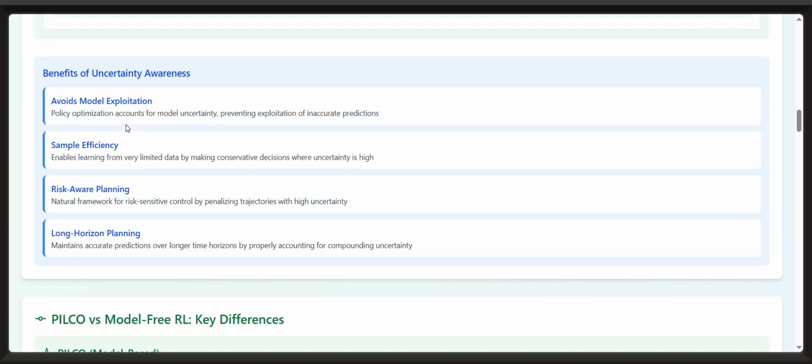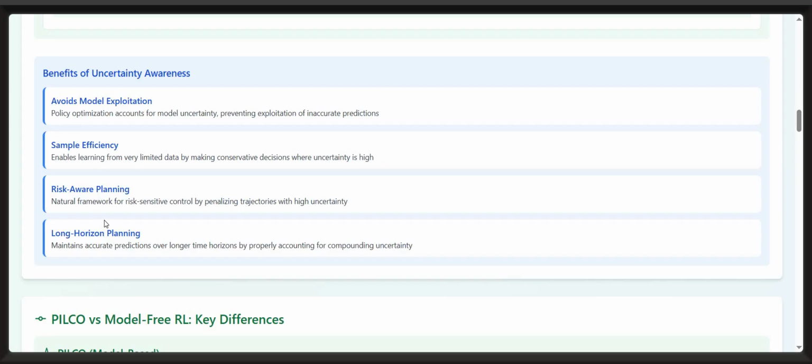Second, it lets us learn safely with less data. If the model knows it is uncertain, it can play it safe until it gathers more evidence. Third, it is useful for planning over longer time horizons. If we ignore uncertainty, small errors compound quickly, but here the algorithm keeps track of how sure it is at each time step.